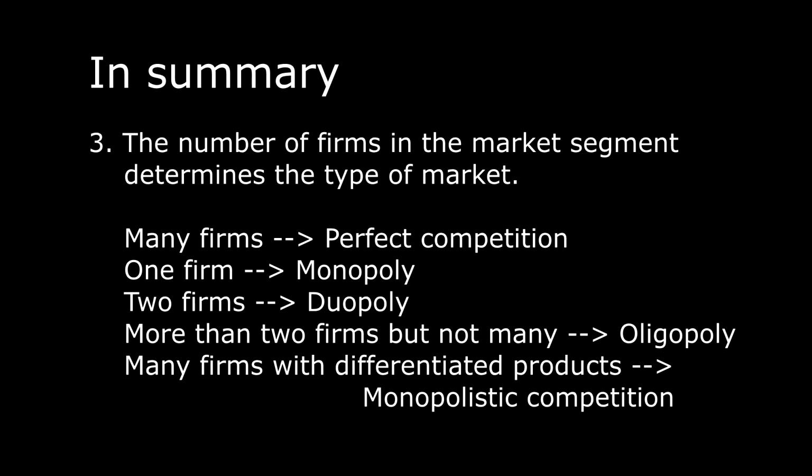If there are many firms or many sellers still there in the market, we can be sure that that segment is perfect competition. In contrast, if we can find just one seller in that segment, we can think of a monopoly.